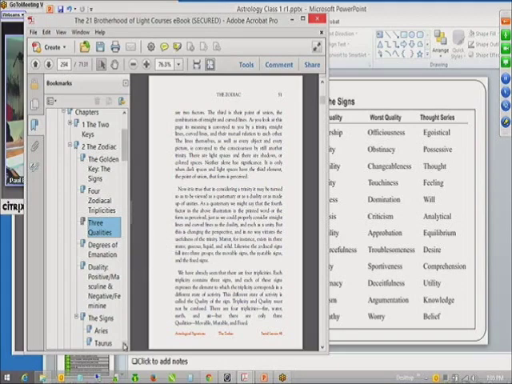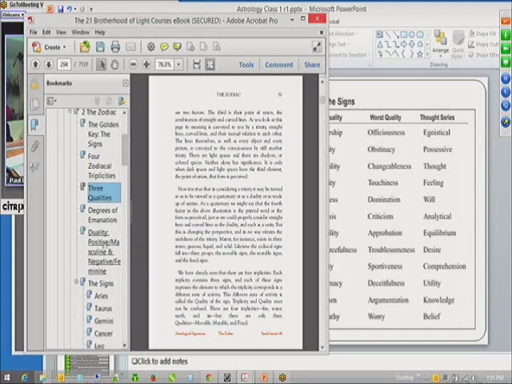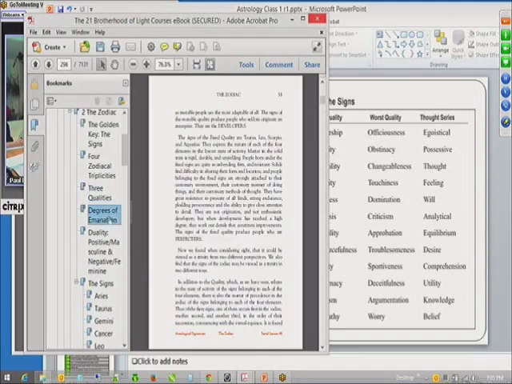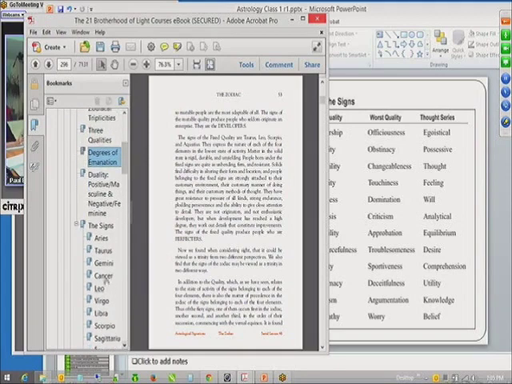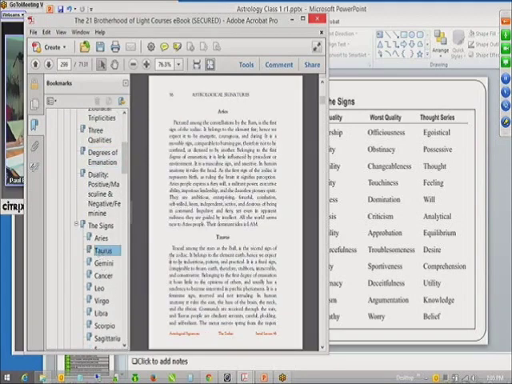But when you go down through this book in Course 2, he talks about degrees of emanation, which I'm not going to talk about right now, but you can go read that. And then he goes into each sign. And when he's talking about a sign, he does a great job of boiling it down to just the absolute most fundamental things about that sign.